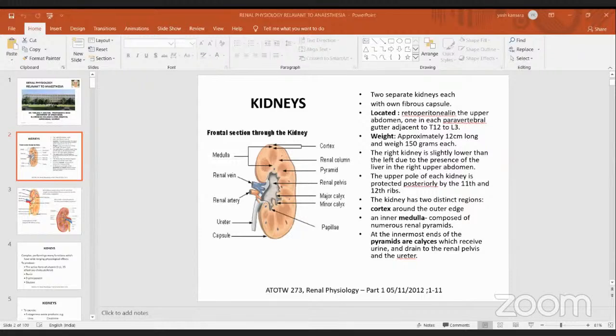Now I am seeing the kidney slide with the two separate kidneys each with one fibrous capsule. No, ma'am, it's not moving.